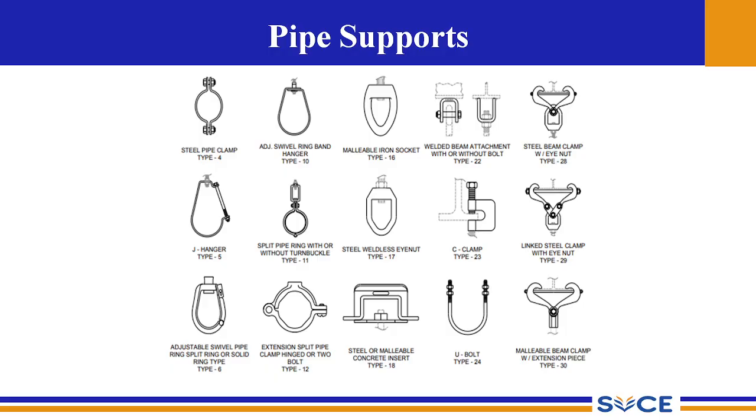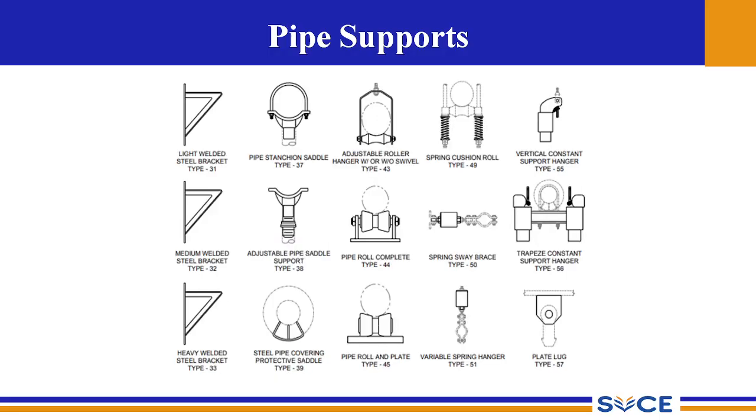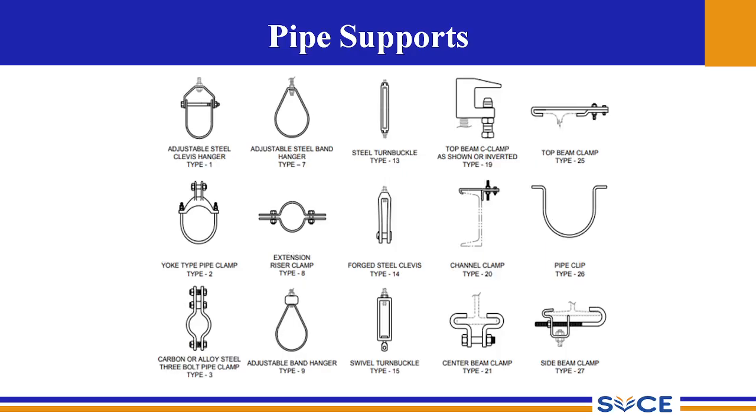Next we have type 19. Type 19 is the top beam C-clamp. It is a device that requires no welding, which attaches to the top of a flange of a structural shape where the vertical rod is required to be offset from the edge of the flange.